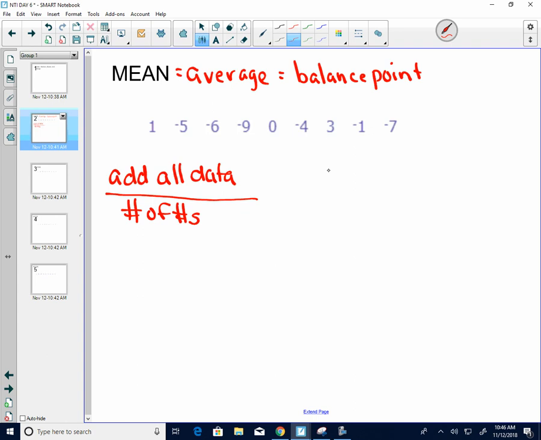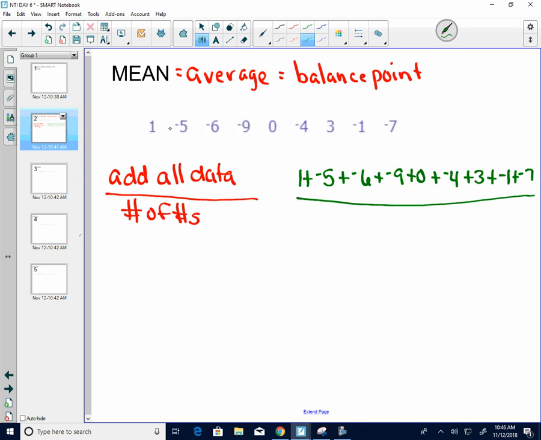So in this case, we are going to do 1 plus -5 plus -6 plus -9 plus 0 plus -4 plus 3 plus -1 plus -7, all divided by 1, 2, 3, 4, 5, 6, 7, 8, 9.